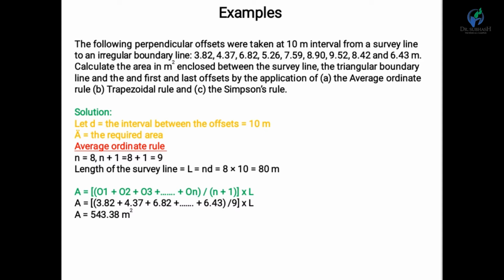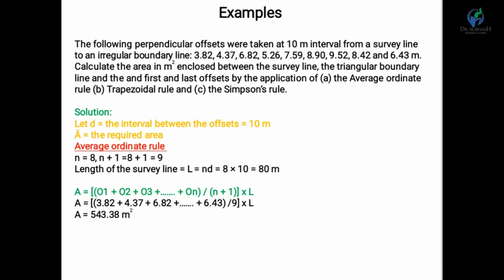So the length of the total survey line is equal to the number of divisions multiplied by the common distance, which is equal to 80 meters. The formula for area using the average ordinate rule is A equals O1 plus O2 plus O3 up to On, divided by n plus 1, multiplied by L. N plus 1 is equal to the number of ordinates.